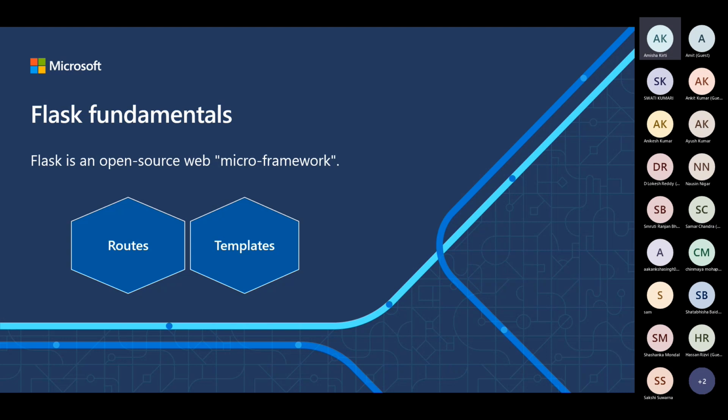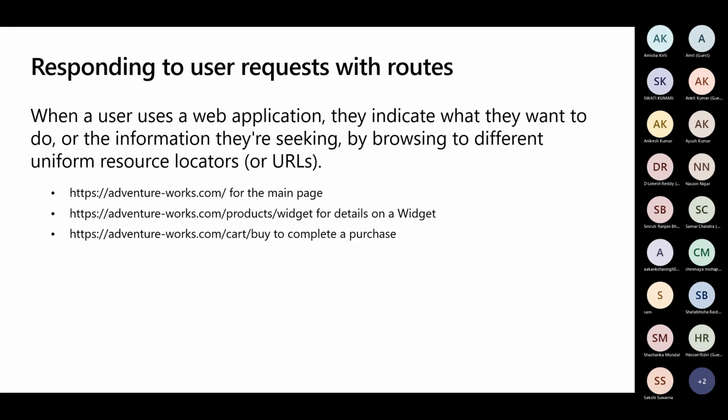advanced features. And therefore, we need routes and templates in every web application. You might not be aware of it right now, but in a few slides you'll get to know more about it. So when we move to a website and click on a button, it navigates us to another page.